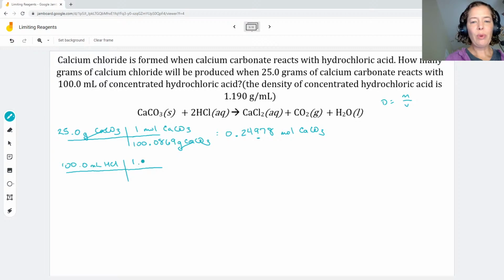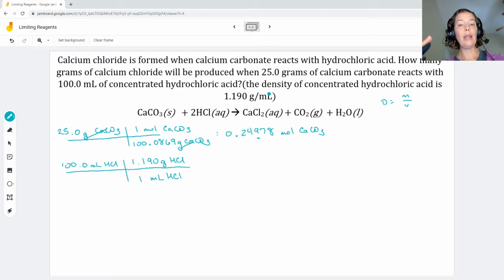So it's 1.190 grams of hydrochloric acid per 1 milliliter of hydrochloric acid. That is true anytime you have units written like this. The number goes with whatever units in the numerator, and in the denominator, you always assume that is 1. So in this case, that would be 1 milliliter.